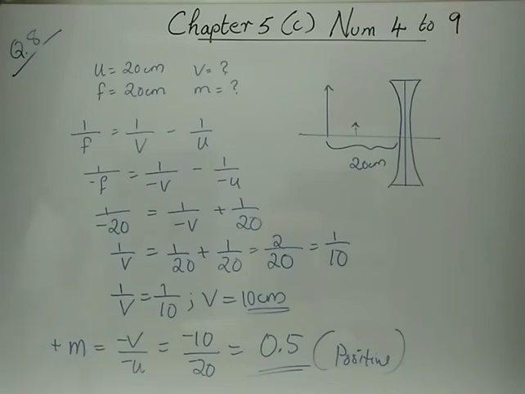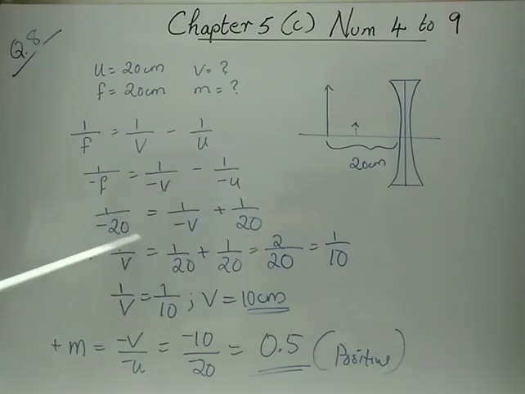Now we can just rearrange the formula. This 1 by negative V, the negative value, when it goes to the left hand side, will become positive. And in the same way, 1 by negative 20 has a negative sign; when it goes to the opposite side, the RHS, it will become positive.